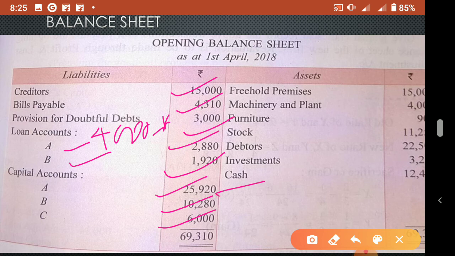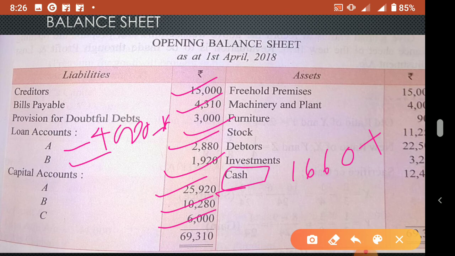Now here cash is there. This cash will change. Actually the cash in the question is 1,660. So remember, the cash position will change because the new partner is bringing 6,000 capital and goodwill also, 4,800. That means we passed the journal entry: cash account debit to capital and premium for goodwill.